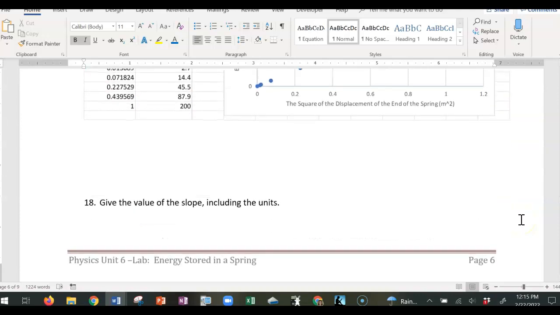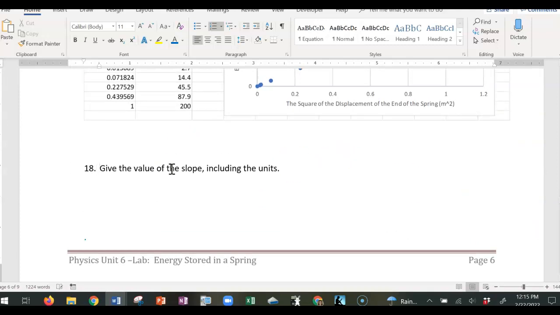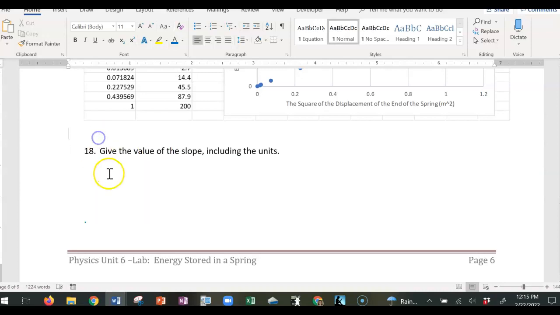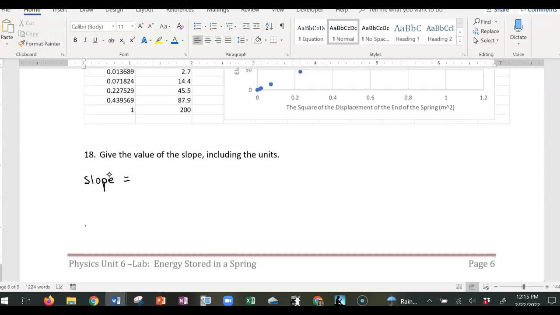Okay, so give the value of the slope, including the units. Every one of these data points is on this graph, and so I'm just going to calculate the slope by hand, choosing 2 of my data points. I can see 2 right now.